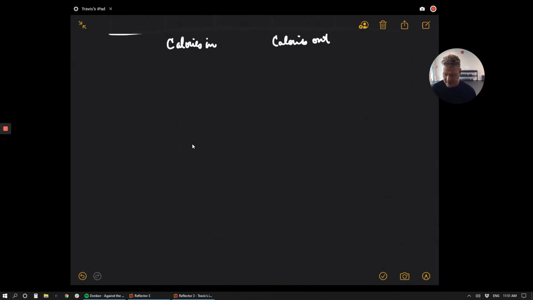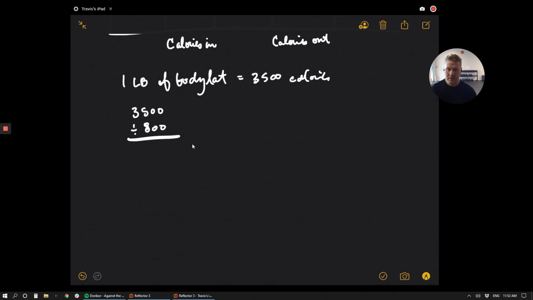So the next thing you need to know is 1 pound of body fat equals 3,500 calories. So if we're burning 800 per day, how long will it take us to do 3,500?